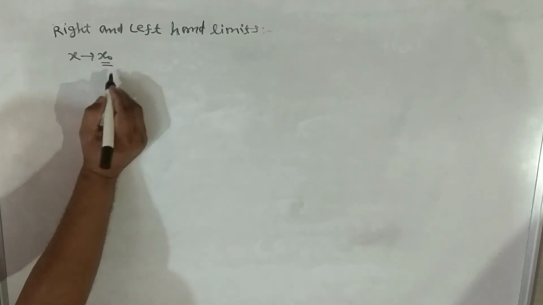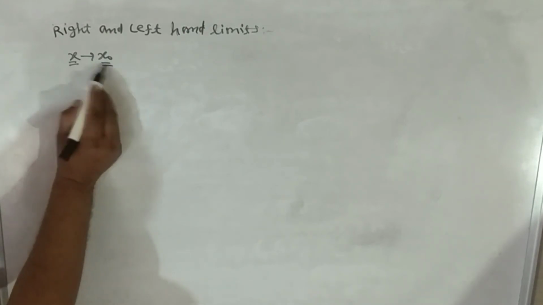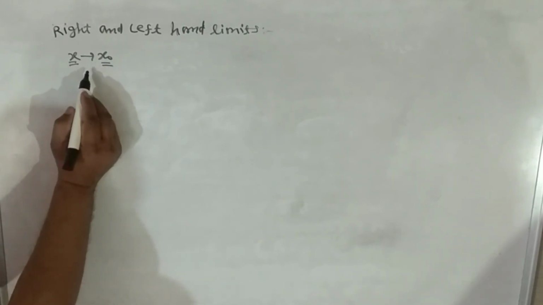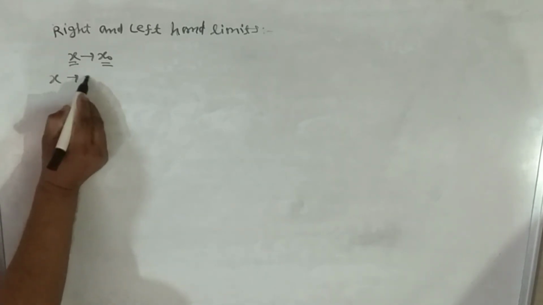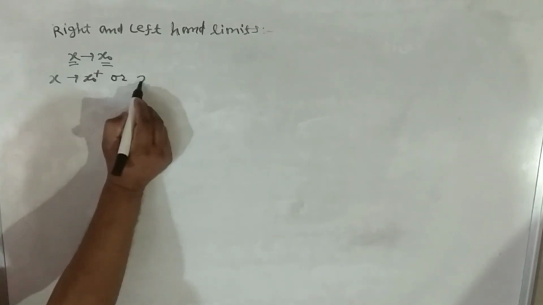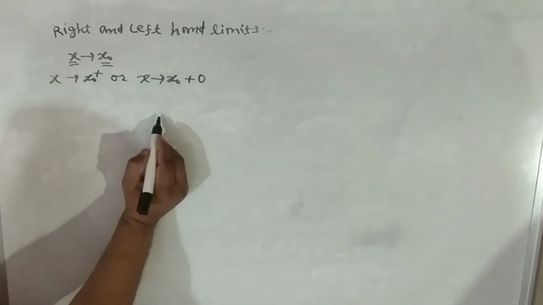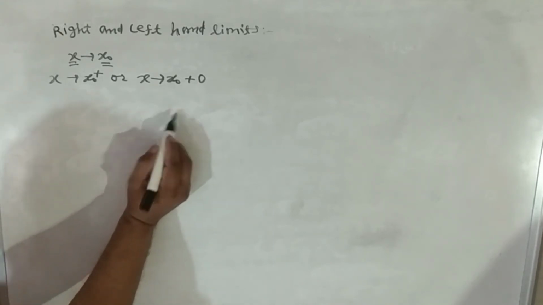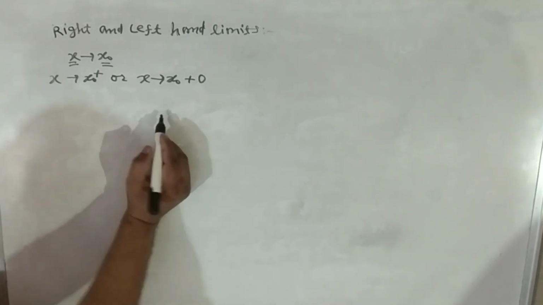When x takes greater values than x0, then x tends to x0 from the right and is indicated by x tends to x0 plus, or x0 plus 0, and this leads to the right hand limit.